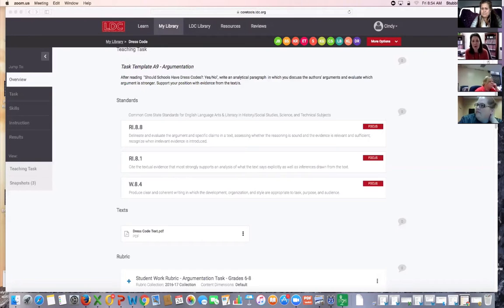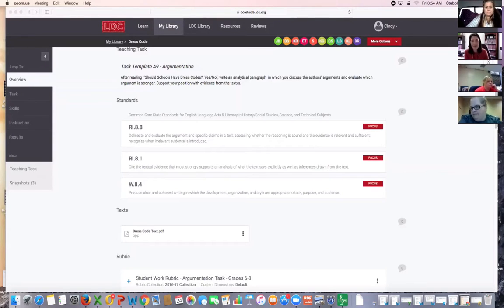Yes or no? Write an analytical paragraph in which you discuss the author's arguments and evaluate which argument is stronger, and then support your position with evidence from the text. And then we're going to use 8A, 8.1, and then writing 8.4 as our focus standards for that.